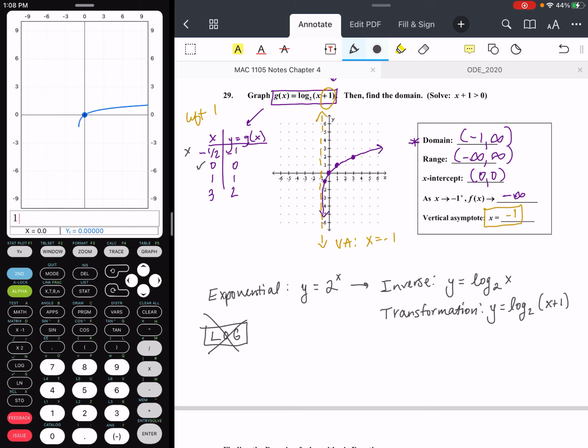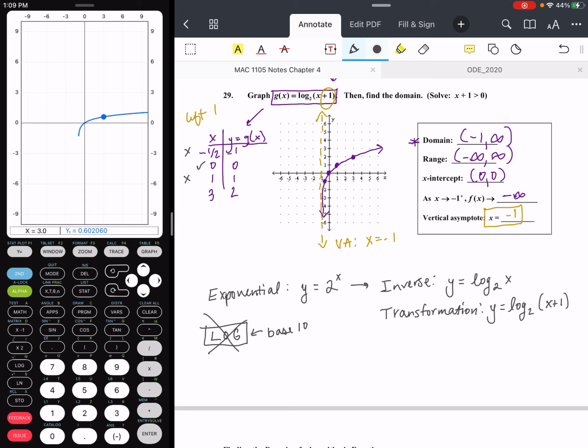If I hit x equals 1 and hit enter, I get y equals 0.3, that should be a 1, 1. If I hit x equals 3, I should be getting y equals 2, but I'm getting y equals 0.6. That's because this log button is for the common log with base 10. Our function has a base 2, right? We also can't use that natural log button to graph this because that would be a base e.